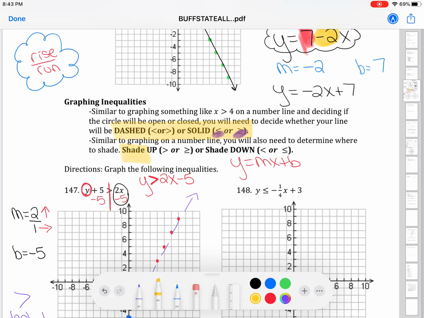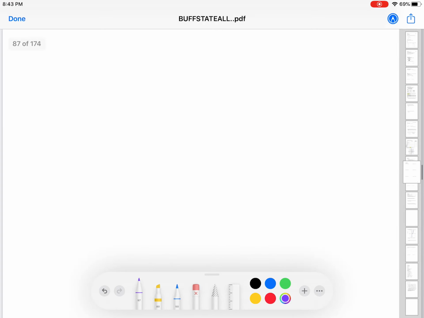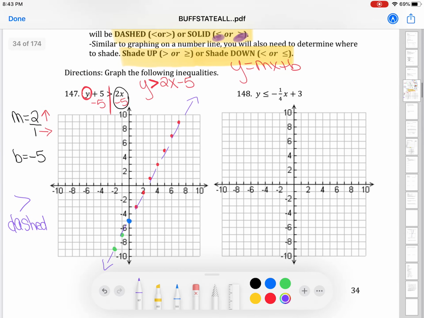Okay, now going back up to talk about how to shade. You are going to shade up if you have a greater than, or a greater than or equal to, and you're going to shade down if it's a less than or a less than or equal to. So this one doesn't have to do with the or equal to, it just has to do with whether it's greater than or whether it's less than. This one is a greater than symbol, which tells me that I am going to shade up.